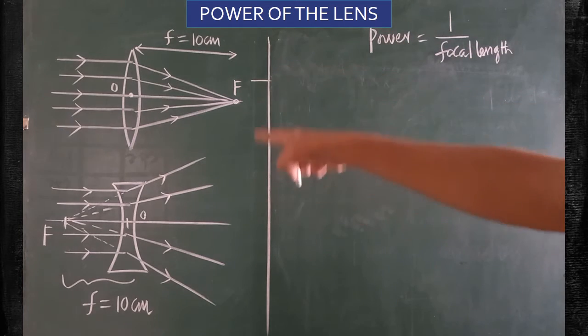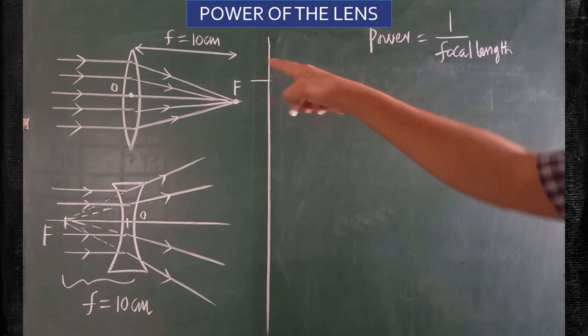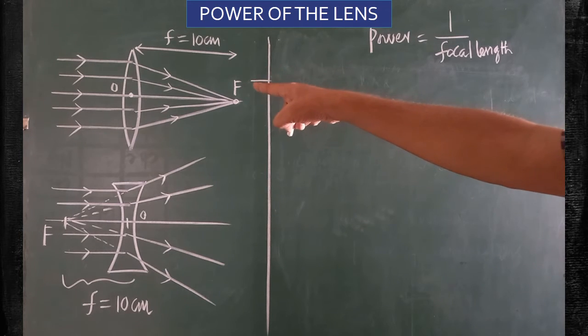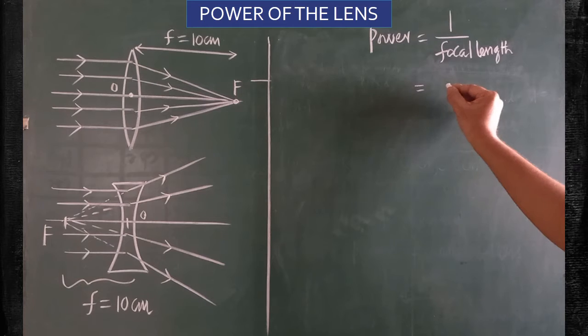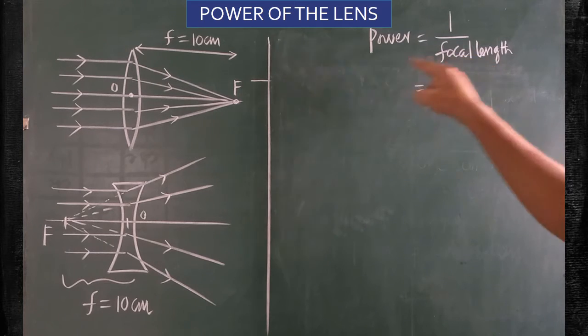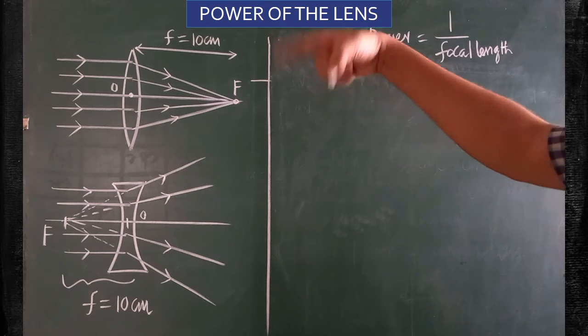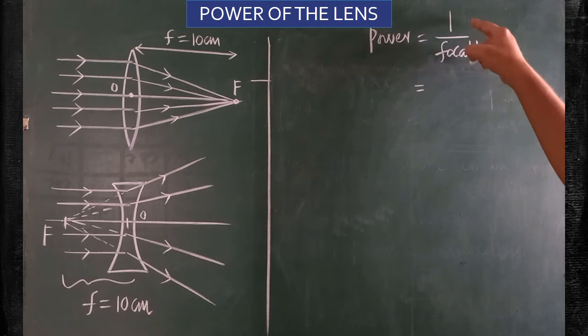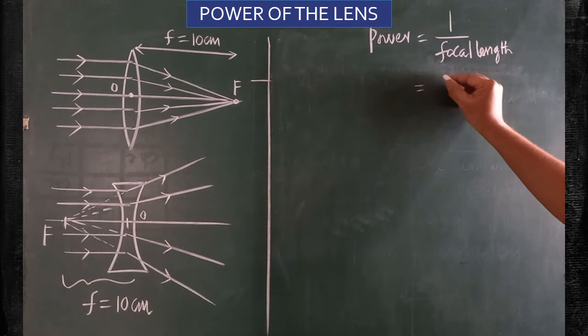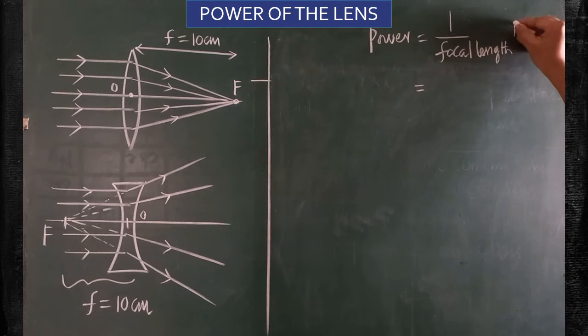Here I have given two typical values. Let's calculate the power of the given convex lens. What is the formula? Here that value is given in terms of centimeter. If it is given in terms of centimeter, the formula can be slightly altered. If the focal length is given in terms of meter, this formula can be used. Are you clear?